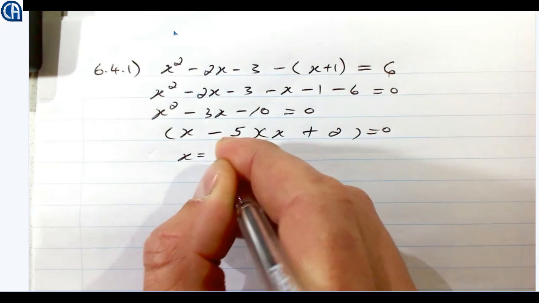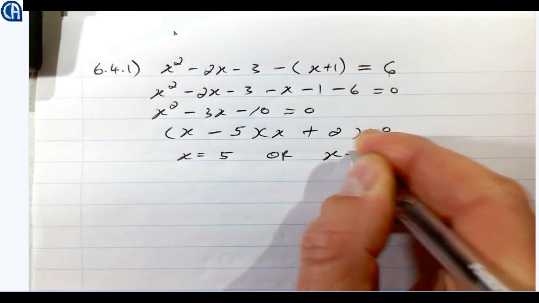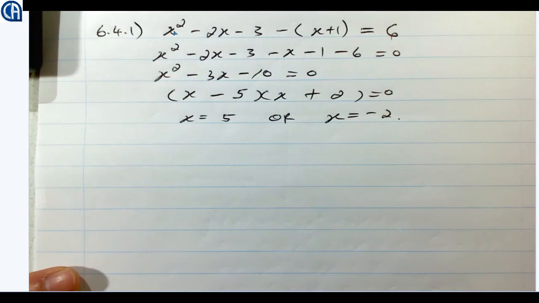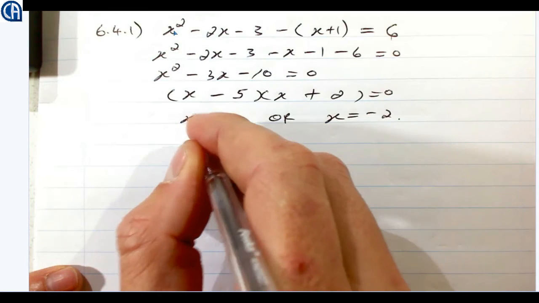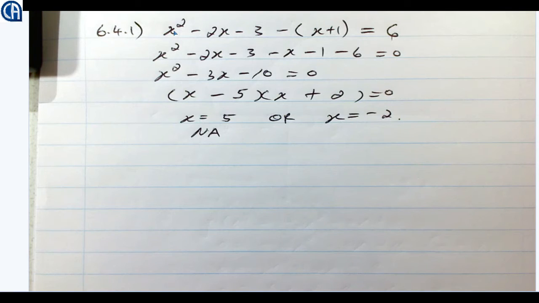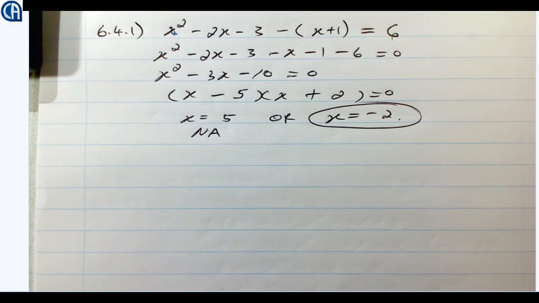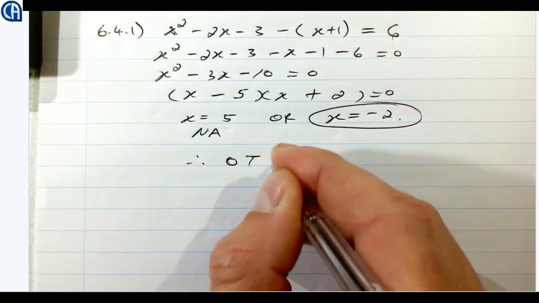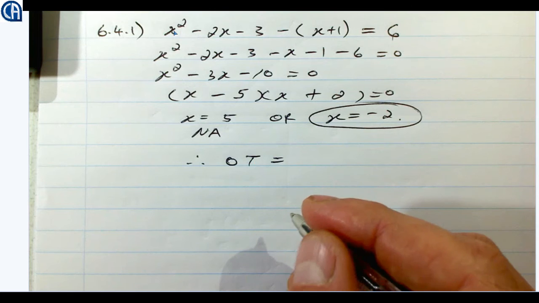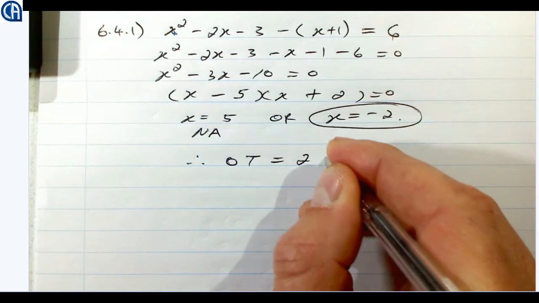So x equals 5 or x equals minus 2. We are not interested in this answer because it said if T lies on the negative x-axis, which is this one. So the length of OT, remember the length can never be negative, so therefore the length is got to be 2 units.